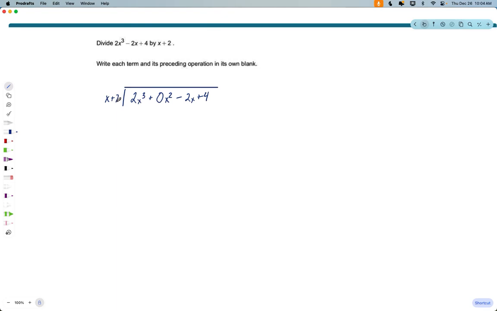So x plus 2. We are going to look at the x term and divide 2x cubed. So 2x cubed divided by or reduced by x would leave 2x squared. And I like to write it over the matching exponent just because that's the way my brain is organized and it helps me see when I'm done faster.